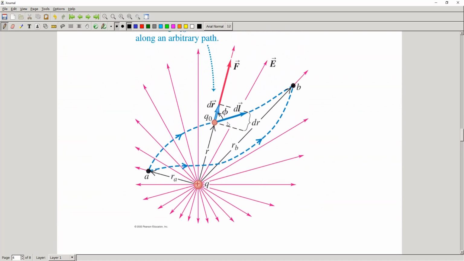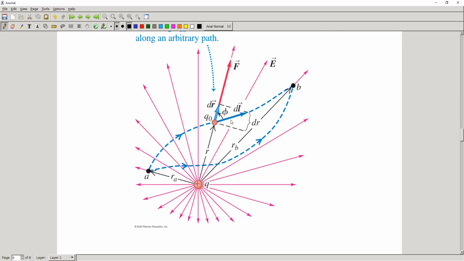We can see that with this phi, if we take the cosine of phi times dl, we just end up back with our dr, right? Just think about applying a cosine to our dl.